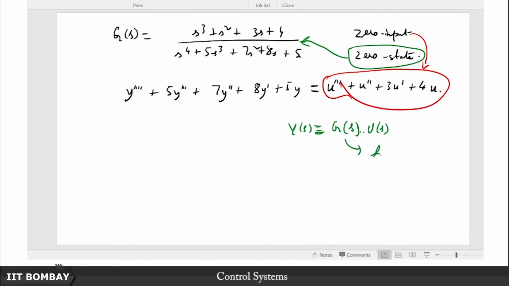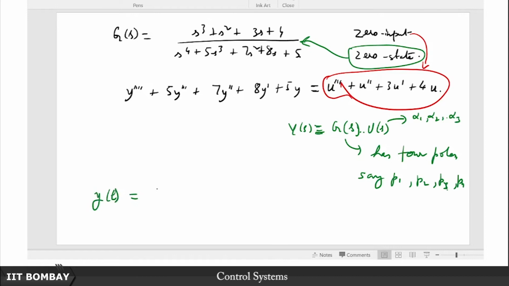Notice that when you are writing it in this fashion, let us say this transfer function G(s) has 4 poles, say p1, p2, p3, p4, right? And this U might also have some other poles, let us say alpha 1, alpha 2, I do not know how many. So this input in general might have, let us say, 3 poles, right? Now if you are trying to find out y(t), you are basically going to take a Laplace inverse of this whole thing, not just G(s), but you are going to take a Laplace inverse of G(s) times U(s).